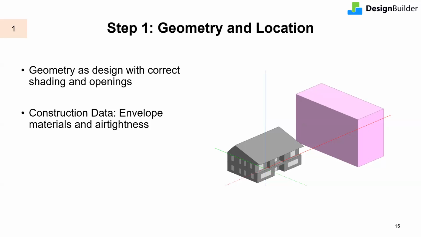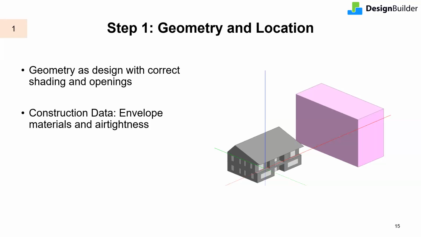Many factors should be considered when generating a model, such as keeping it simple and defining opaque and non-opaque fabric properties correctly, including minor details such as thermal bridging and window frame effects. You need to apply correct shading as louvers, overhangs, canopies, and the surrounding buildings and trees.